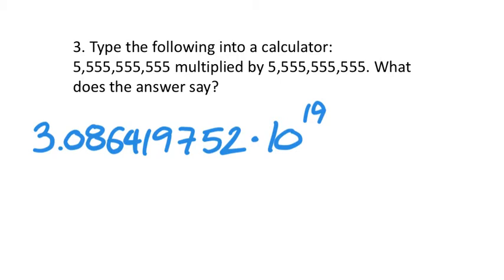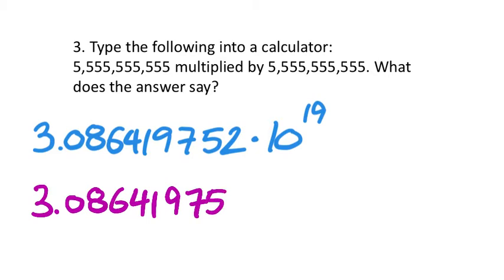Now, in the past, what you would have seen, and some of you may have seen this on a calculator, depending on which one you got, you may still see these decimal places. You may have seen more or less, doesn't really matter, but instead of showing base 10 times base 10, they'll show E, and then they'll show the 19. This is exactly the same as the scientific notation.